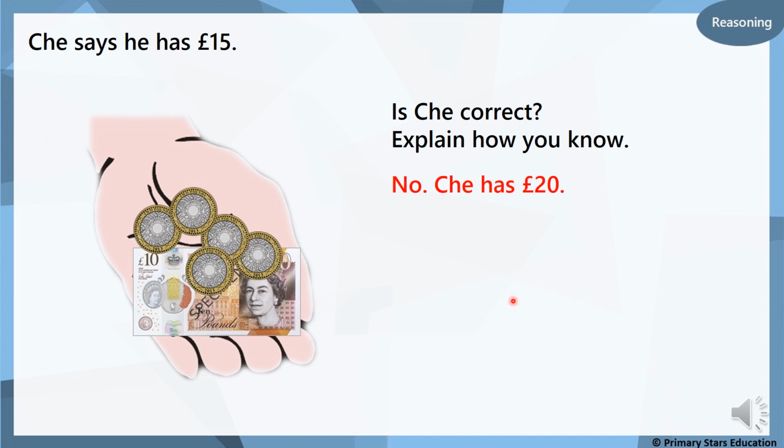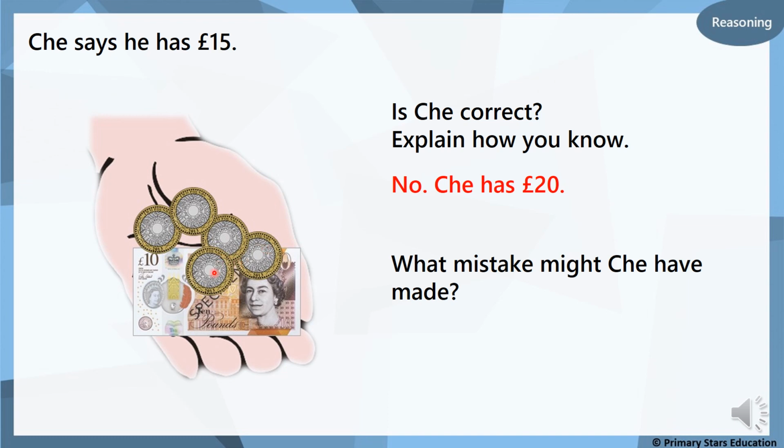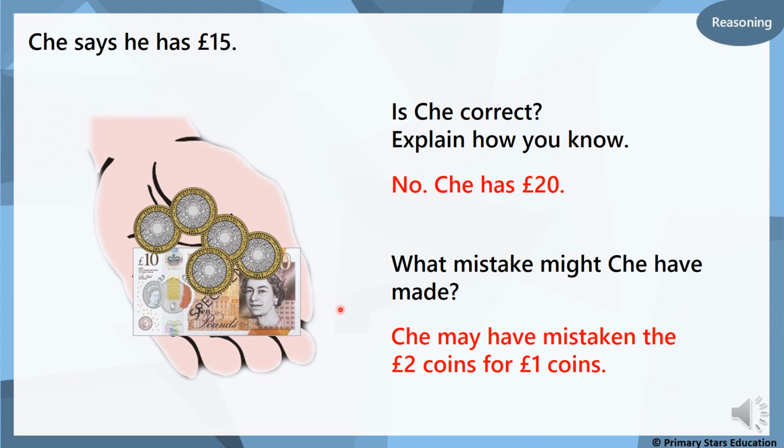No, he's not. He has 20. What mistake do you think he might have made? If we look at how many £2 coins there are, 1, 2, 3, 4, 5. Now the value of those 5 coins is £10, but what might he have done? He may have mistaken the £2 coins for £1 coins.